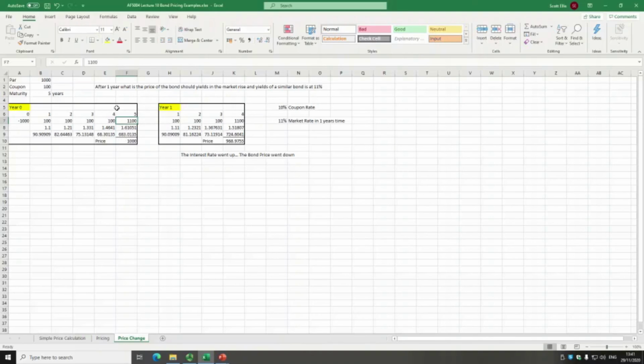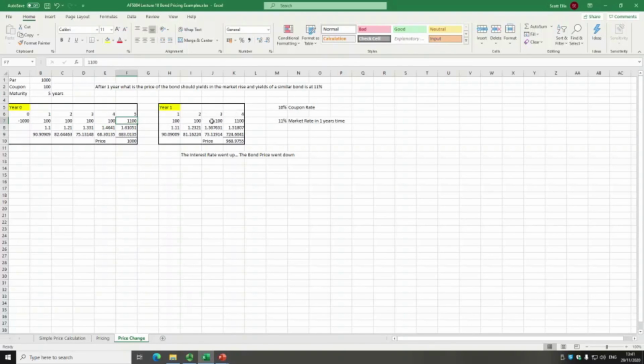But in this example I've simulated that the market rate has gone up. So between year 0 and the first year, the market rate has increased. It's gone from 10% up to 11%. So because the market rate went up, therefore the bond price should come down. So over on this side, I've simulated this. So you've got obviously only 4 years left now.